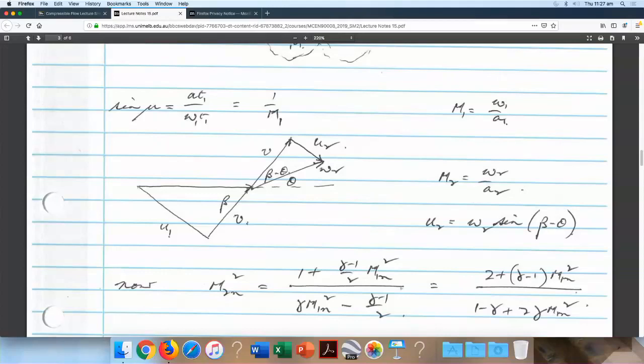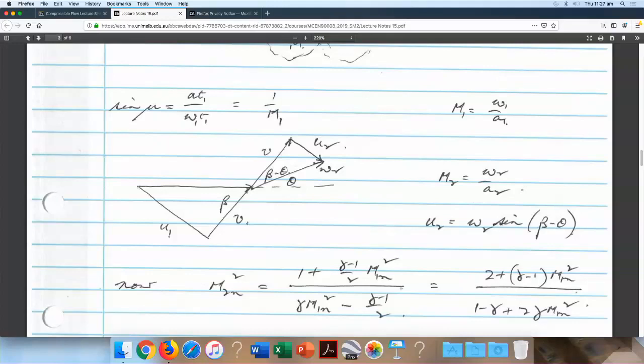And here is the normal velocity coming into the shock and what leaves it. And here is the turning of the flow that's compatible with this velocity being less than this one. All right, so M2 here is W2 over A2 by definition. It's this velocity divided by the speed of sound.